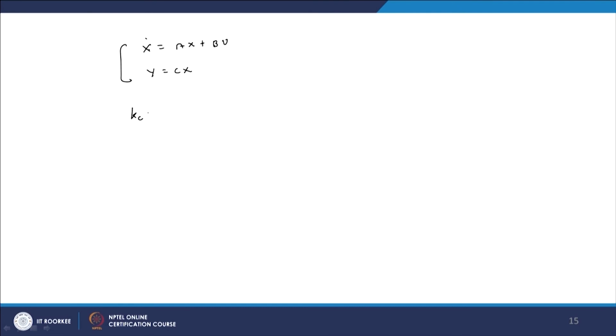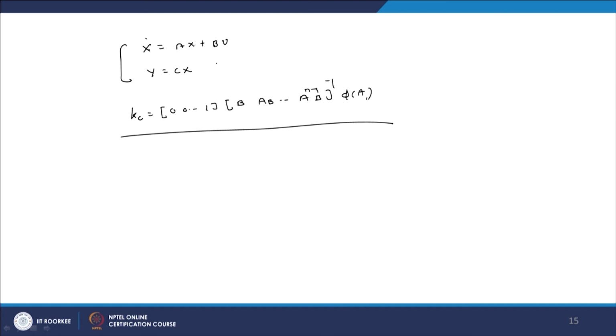The Ackermann formula says the controller Kc is equal to [0 0 0 1] times the inverse of [B AB ... A raised to n minus 1 B]. This is the controller for this state space model.